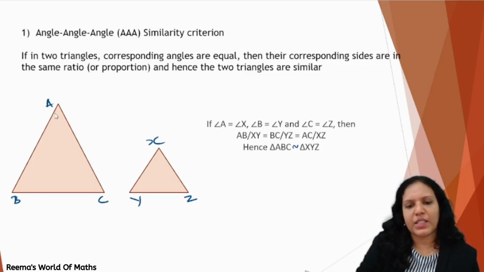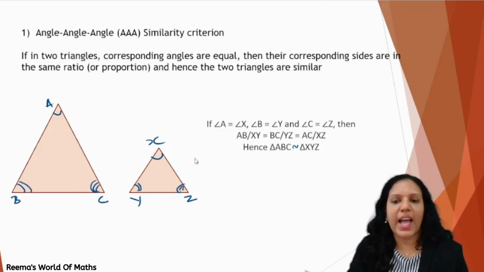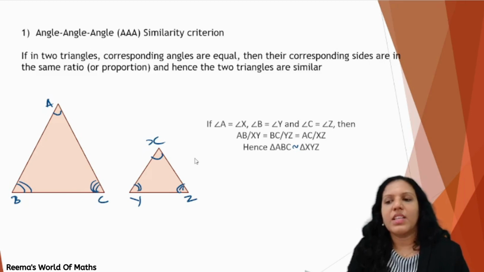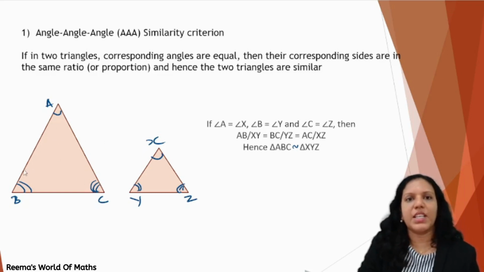Let's see, the corresponding angle of A is X, of B is Y and of C is Z. If the corresponding angles are equal, then the corresponding sides are in the same proportion, hence the two triangles are similar. So if all the corresponding angles are equal, then automatically the corresponding sides will always be in the same proportion.